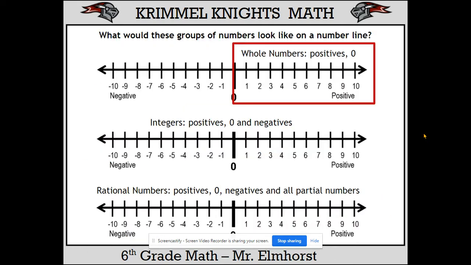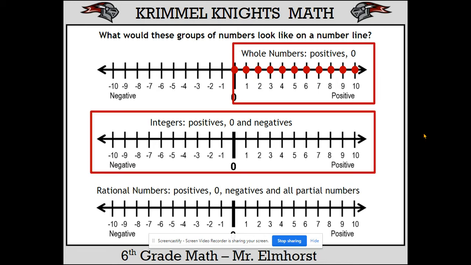So whole numbers start at zero, going to the right, but they're only exactly on the complete numbers, the whole numbers, the positive numbers and zero. Integers will include the whole numbers, zero, positives, and then their opposites, the negative values.